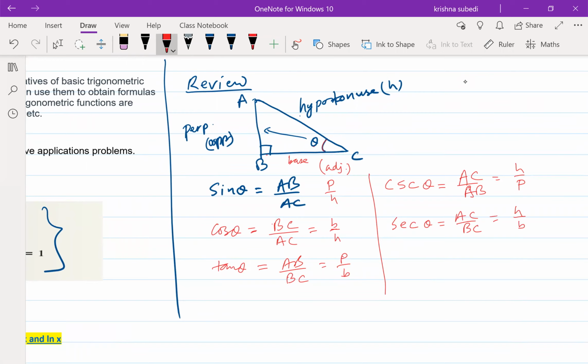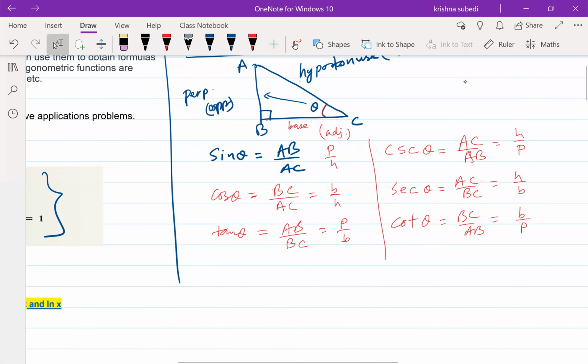And then the reciprocal of tan theta is cotangent theta, and that will be BC over AB, which is B over P.